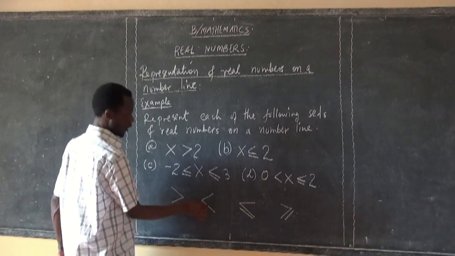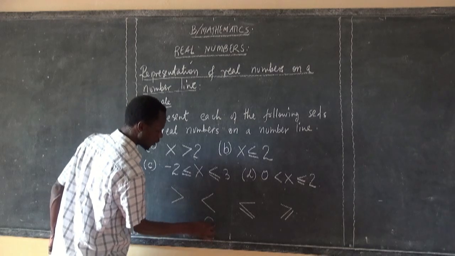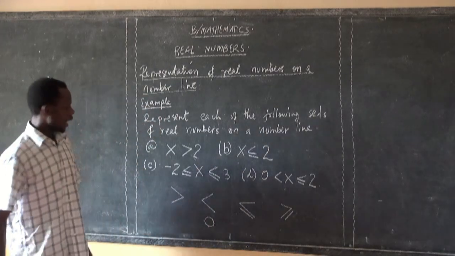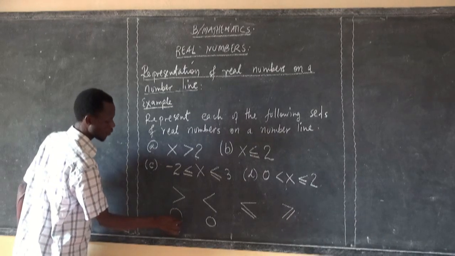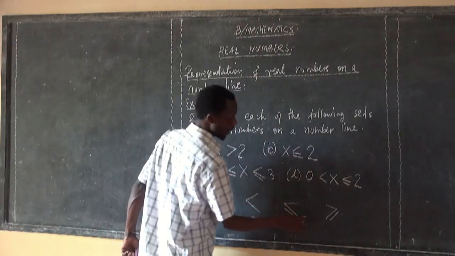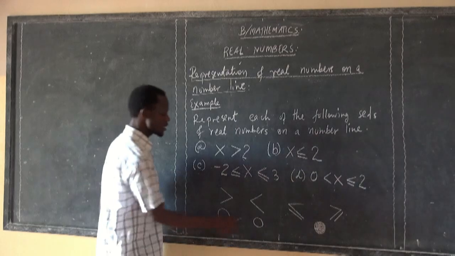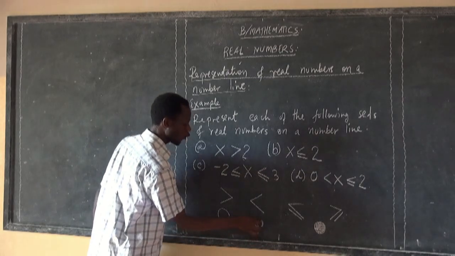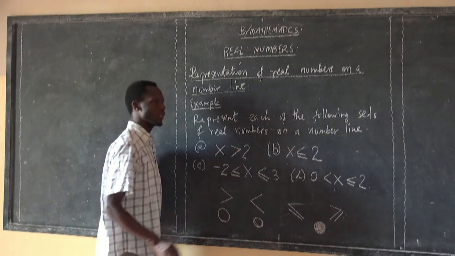This one is represented by the circle which is not shaded. The same applies to this one, represented by the circle which is not shaded. But these ones are represented by the shaded circle.